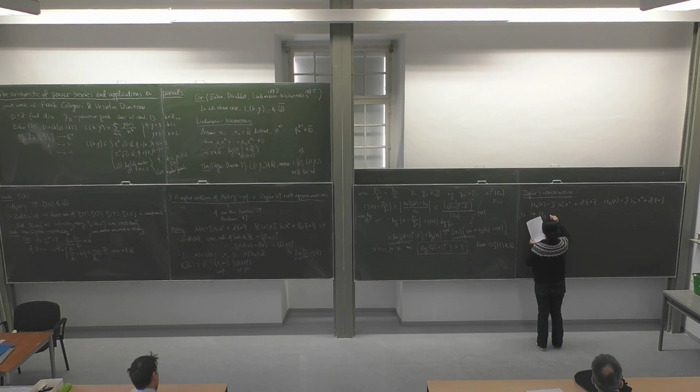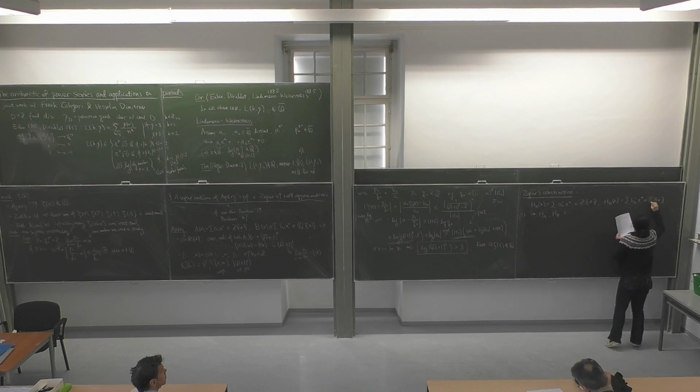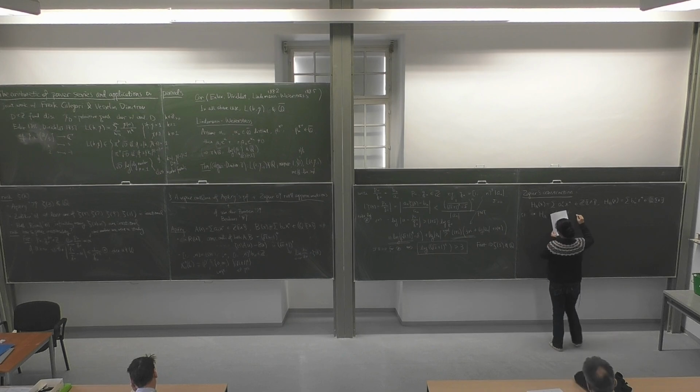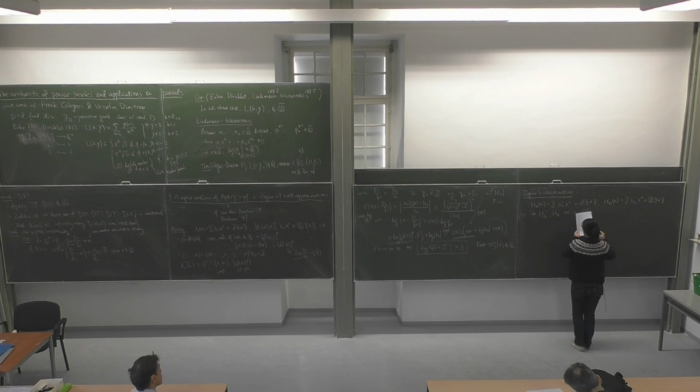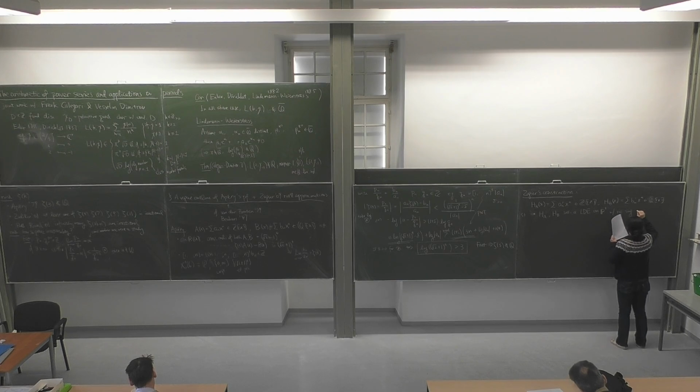So these two power series satisfy a linear ODE on P1, with all regular singularities at 0, 1, 1 over 9, infinity.